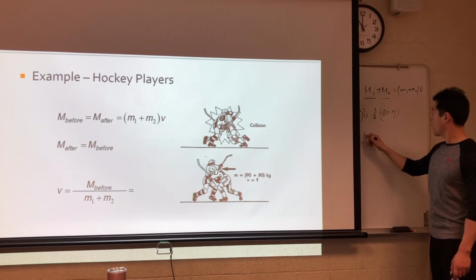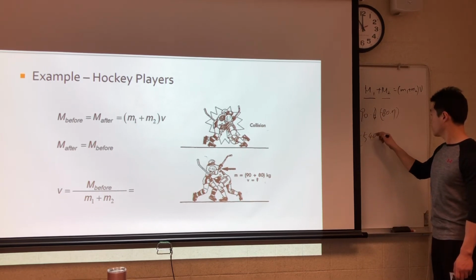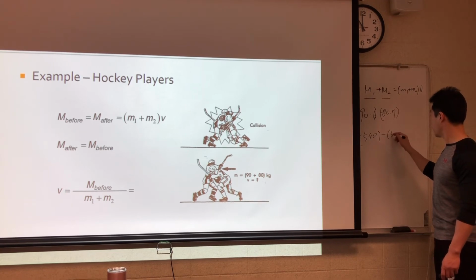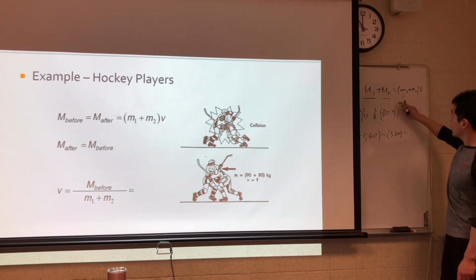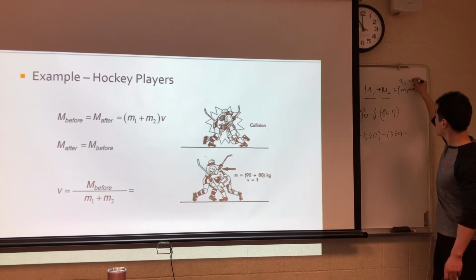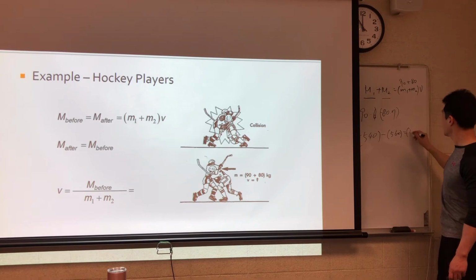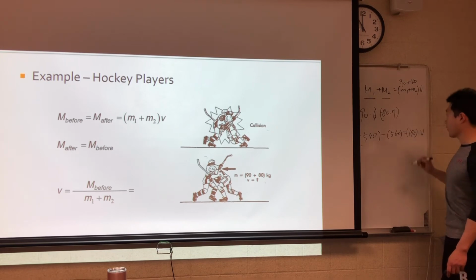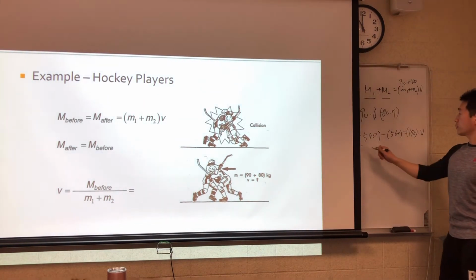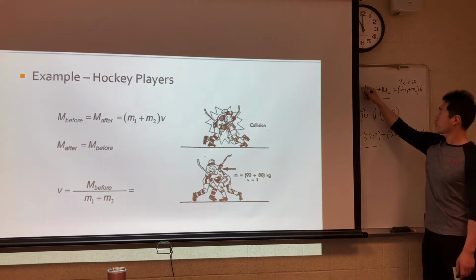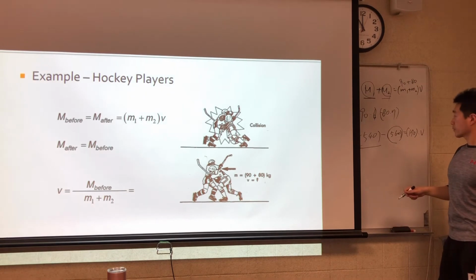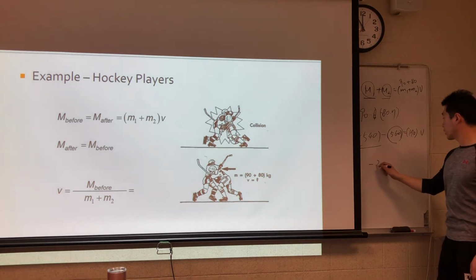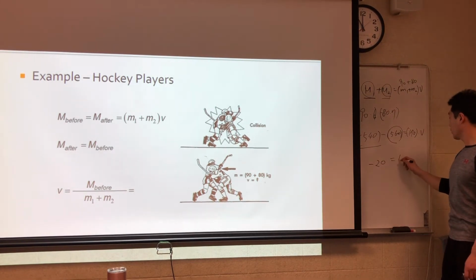So 540 minus 560 equals the mass of this 90 plus 80, so 170 times the velocity. This is the momentum from the first hockey player and the momentum from the second hockey player. Okay, then this will be negative 20 equals 170 times the velocity.